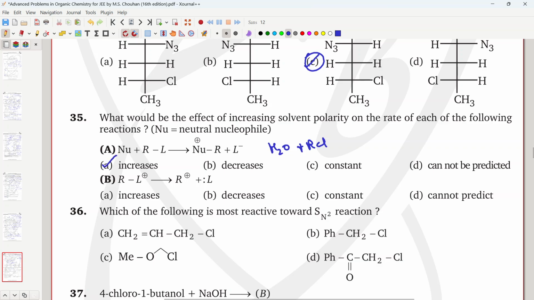So the rate increases. For B, charged nucleophile, Nu minus plus R'L, increasing polarity stabilizes the nucleophile more strongly than the transition state. So nucleophilicity decreases, and the rate generally also decreases. So B.